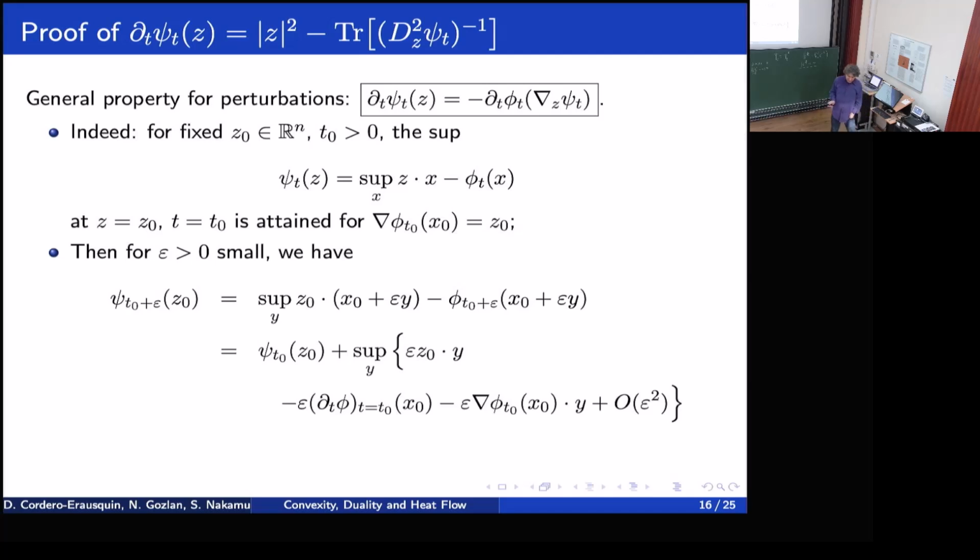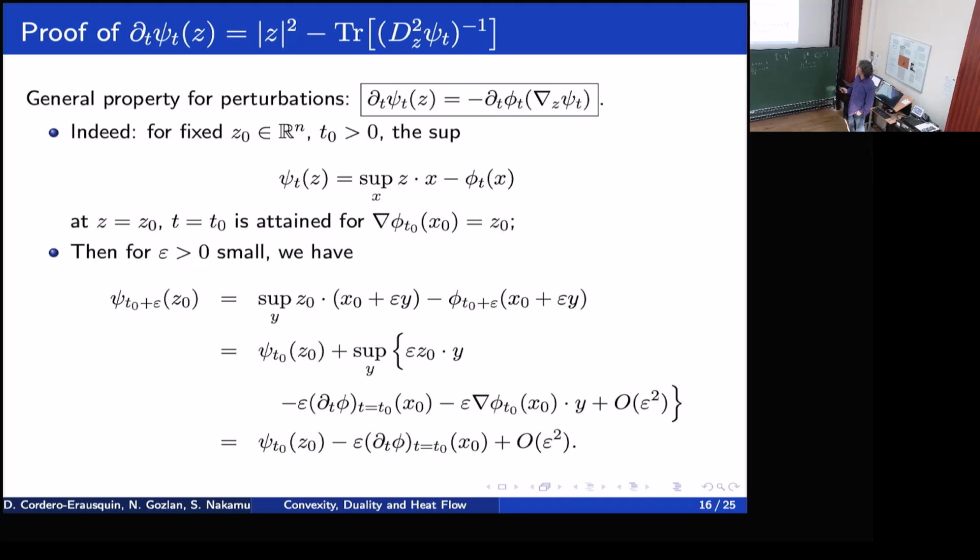This capital O is indeed uniform in y. Okay. And now you look at the terms, and you see what's happening. So this is the term we wanted. I take it out. Epsilon dt phi t0.